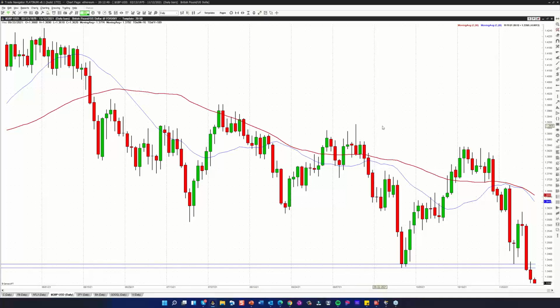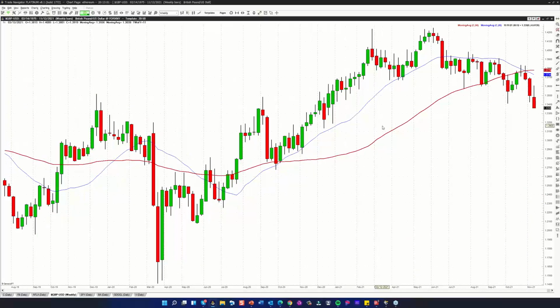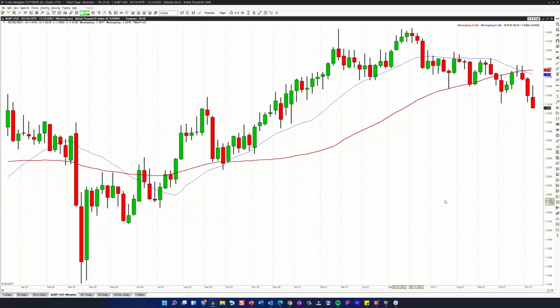One of the questions I'm asked a lot is, where do you find support if you don't see it on the chart here? Well, you go back as far as necessary. So what I'm going to do is look at a weekly chart and look at an area where the market had important lows.